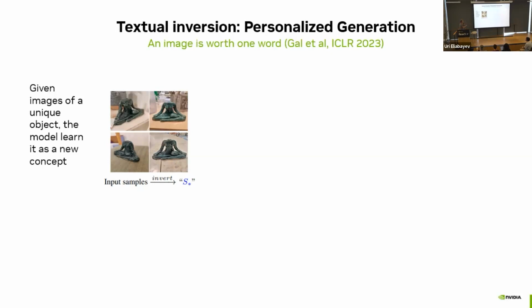The idea is that you take just a few samples of your personal object, your specific object, and you teach the model from now on, here's a new word in your language, right? We're going to call it S star because we're mathematicians, but you can call it whatever you want. And once you have that, we can now use that S star in a sentence as if this is a normal, regular word.